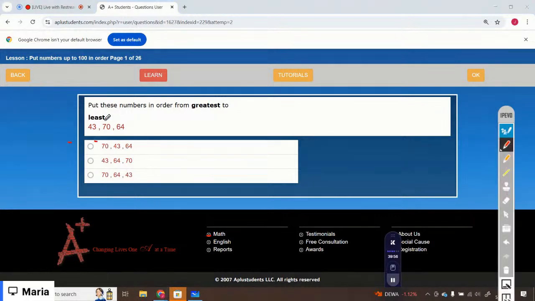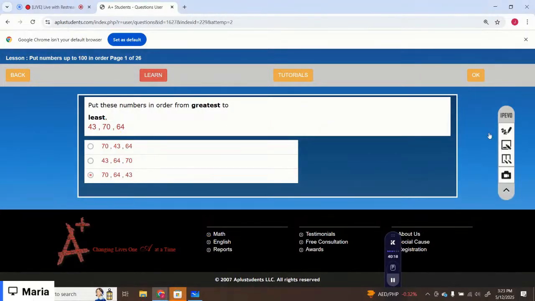So just look at their tens digit. That is 4, 7, and 6. So 7 is the greatest. So first one is 70, then 64, and then 43. That is 70, 64, and 40. Option number 3 is the correct option.